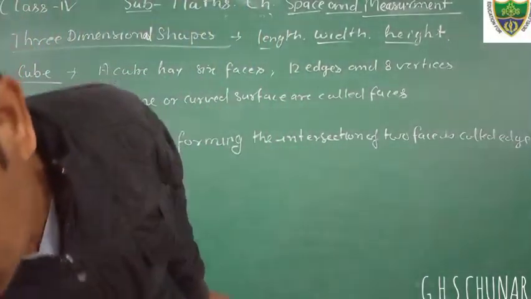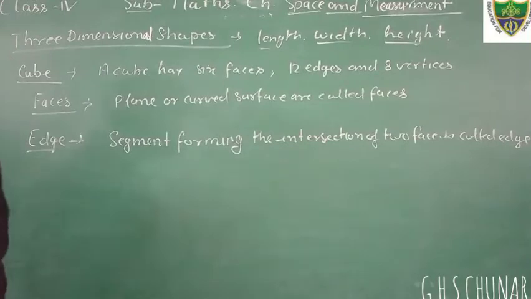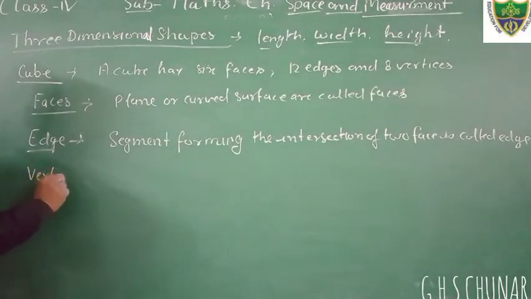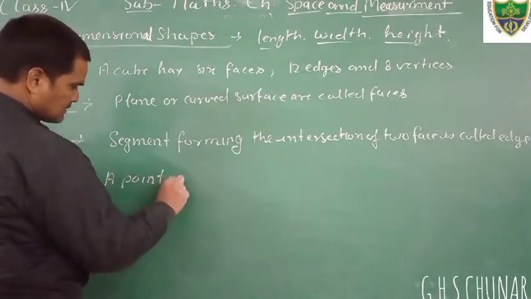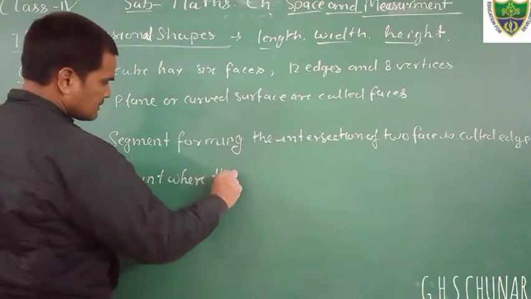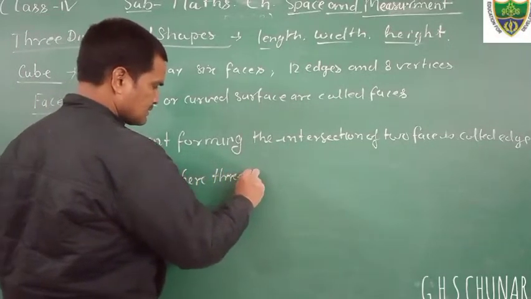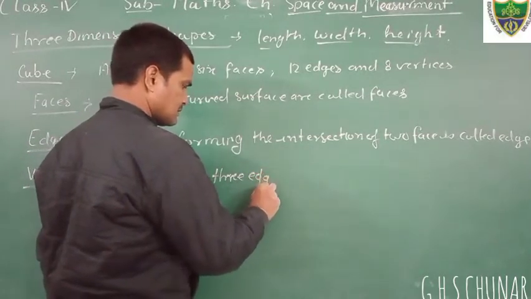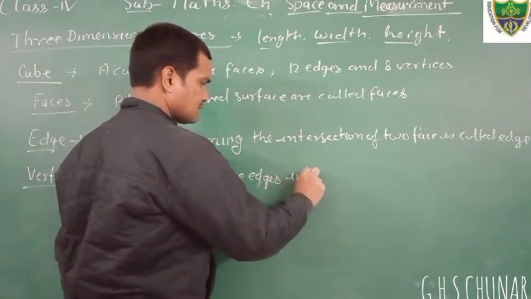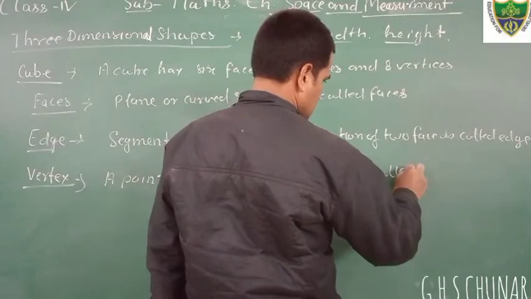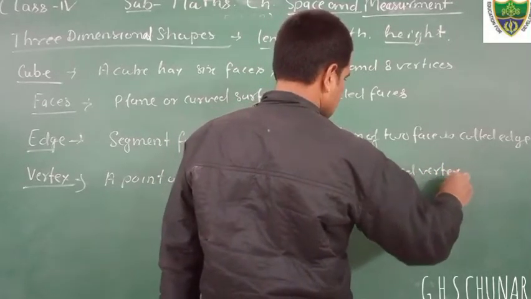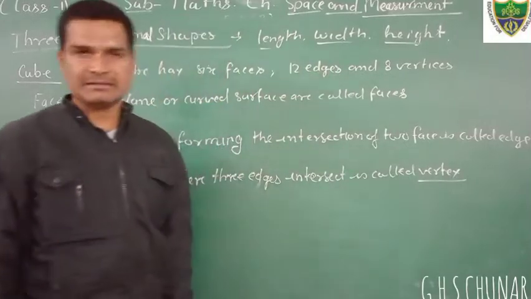Now next is vertex. What is a vertex? A point where three edges intersect is called a vertex. The plural of vertex is vertices.